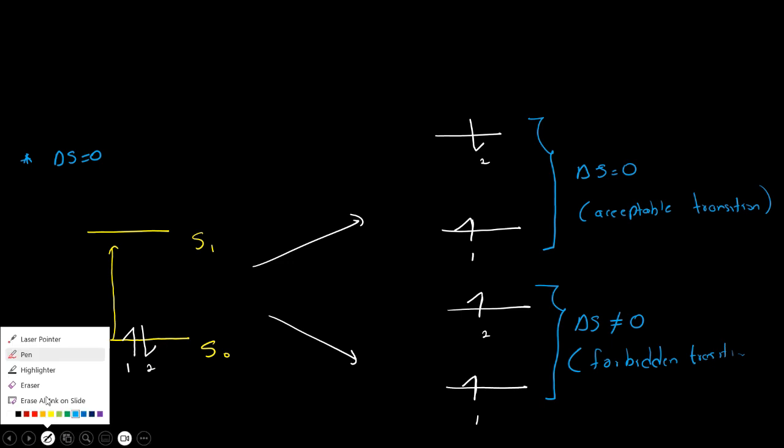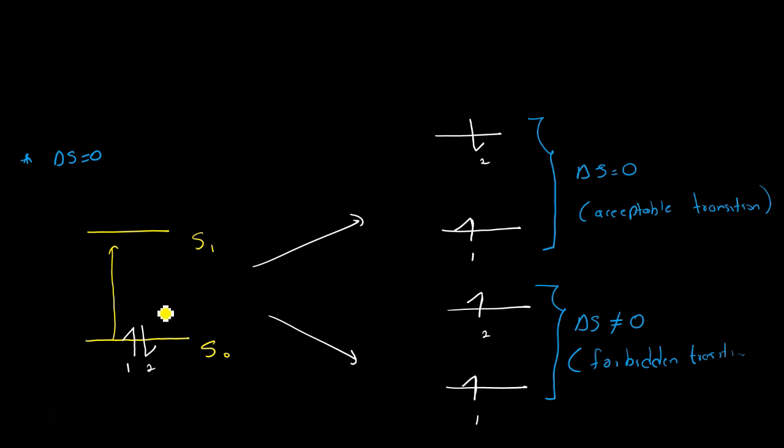So let's also move into the multiplicity. Here you can see this electron has positive 1/2 and this electron has negative 1/2. Total spin is 0. So what is the multiplicity? If you remember, we calculate it by 2S plus 1, where S is the total spin.